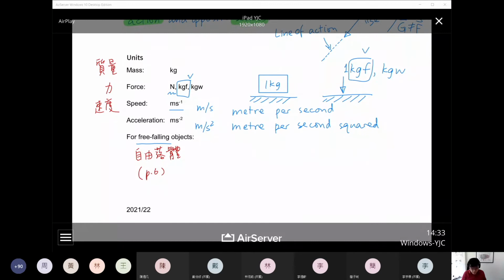Free falling is this one. Let me write it down.